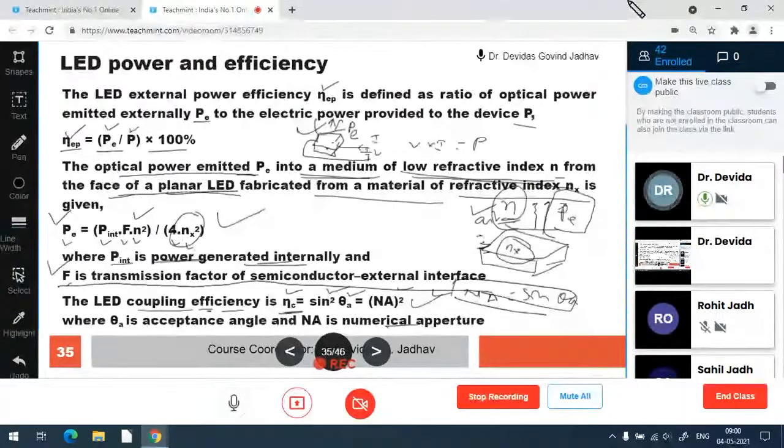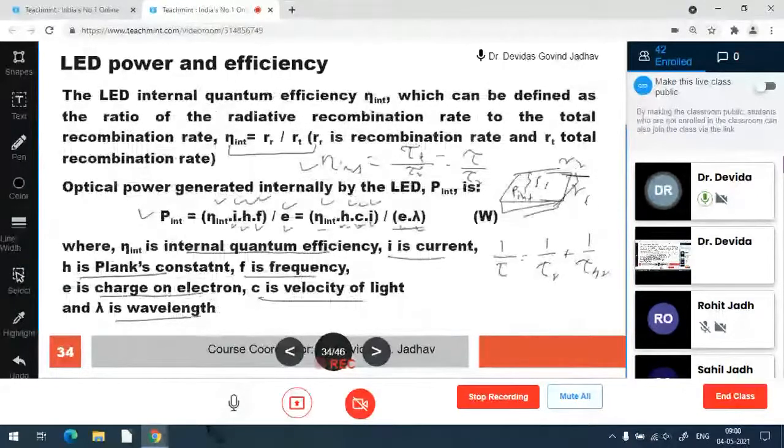Okay, chapter of LED. So what are the formulae? Eta internal is RR upon RT, the radiative rate upon the rate of recombination. Eta internal is also given as tau t upon tau r, or tau upon tau r.